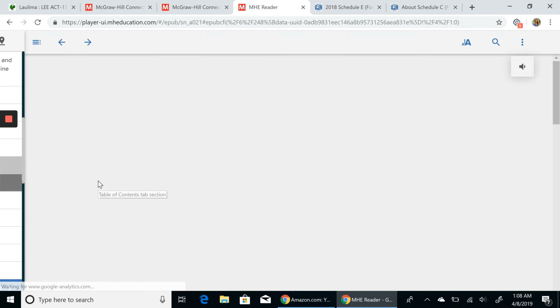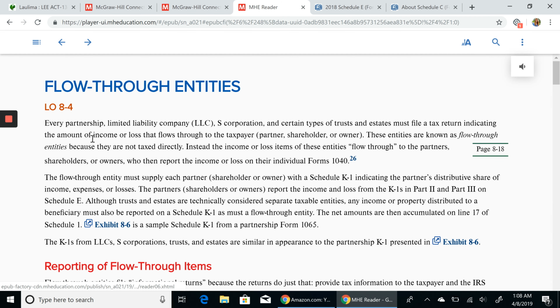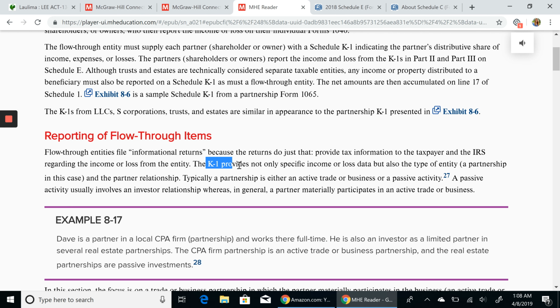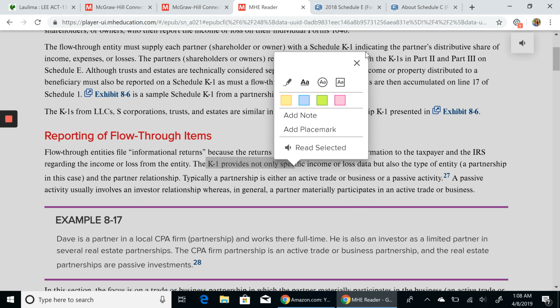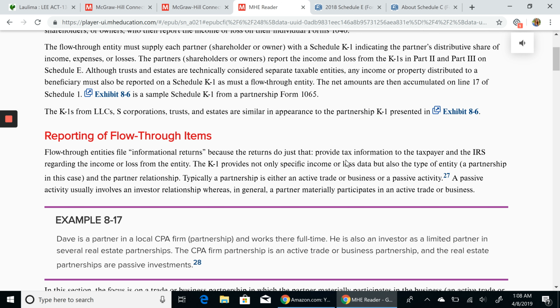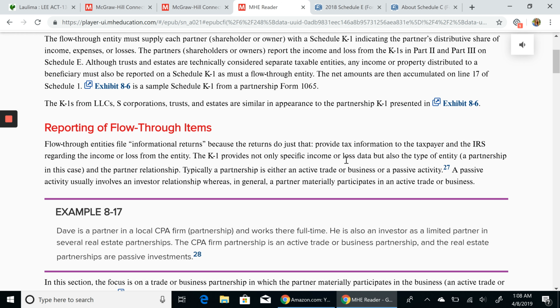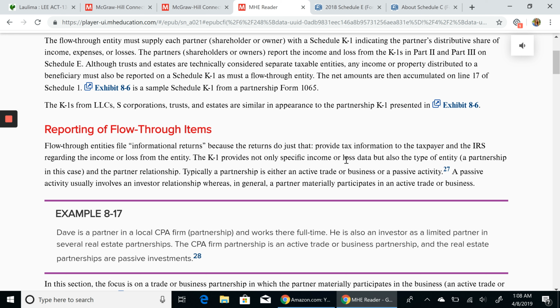I'll briefly mention flow-through entities here. LLCs are the most common, along with partnerships, S corps, and certain types of trusts, and all file what is called a Schedule K-1. Essentially the way these business forms work is they have a main form which goes over the business income and expenses. If the business has investments and other types of activities, those all flow through, and so does the net income from the business.